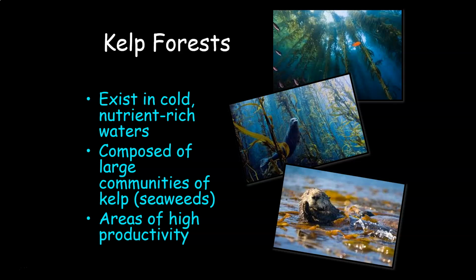Super huge areas of high productivity because those seaweeds are producers, right? They do photosynthesis. So this also supports a lot of organisms as well, like our harbor seals here, our cute little sea otters, lots of starfish, sea urchins, all kinds of things that hang out here.